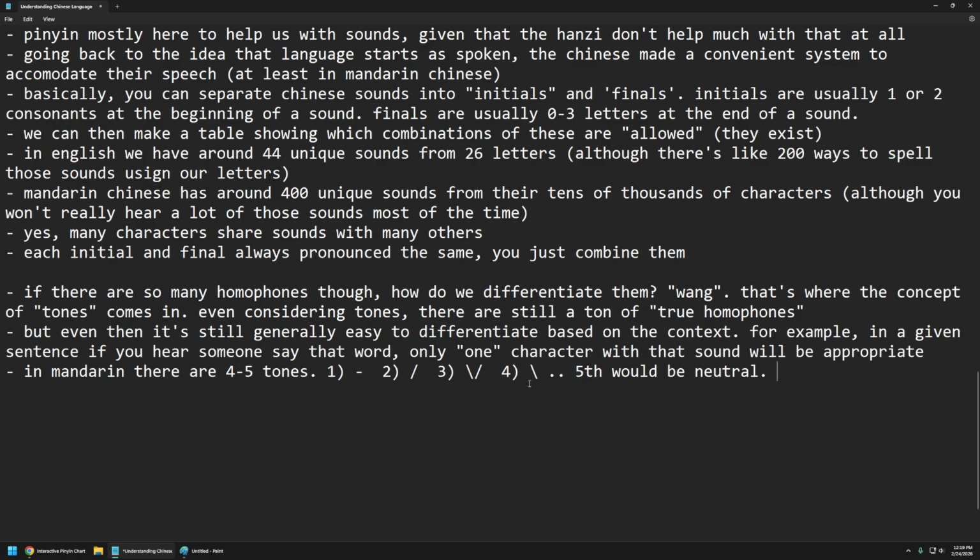So how these work, I'm not an expert at this. This is a part that's kind of a struggle for me as well. But basically, this tone would be like Wang, this one would be Wang, this one would be Wang, this one would be Wang. So the accent itself kind of dictates how it flows. This is kind of a flat one, this is a rising one, this is one that goes down and then up, and this is one that just goes down.